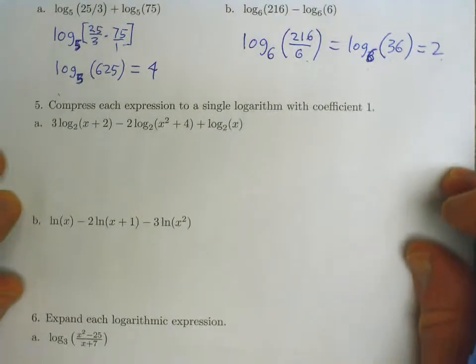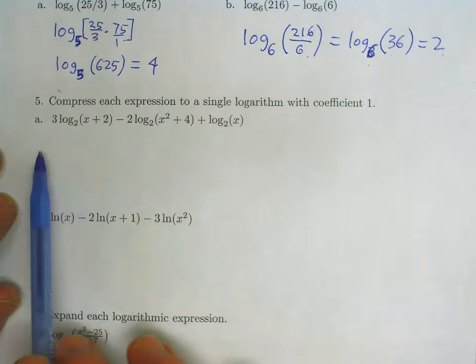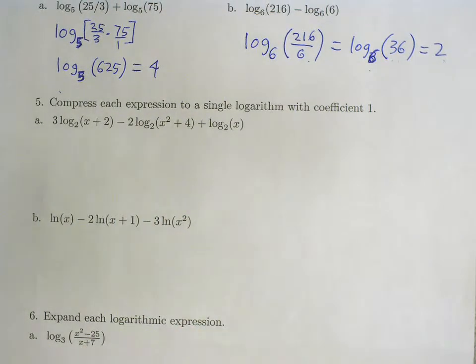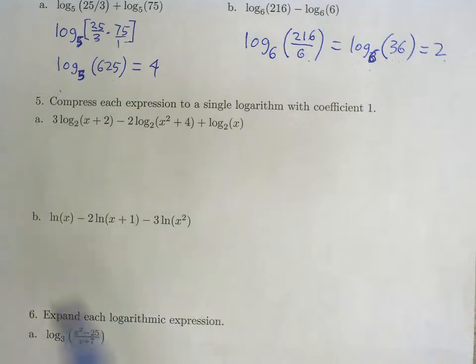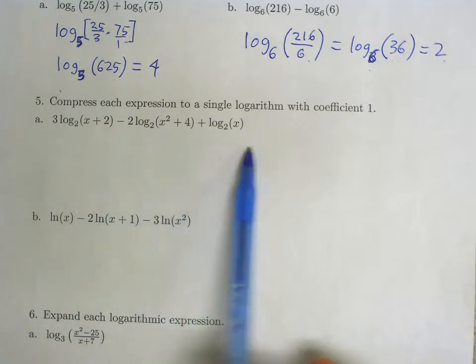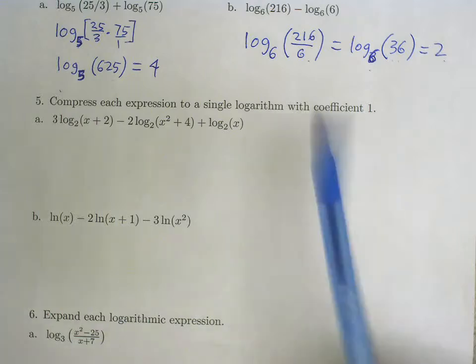Okay, in the next example, for now we'll just do part A. And then if there's time, we'll come back and do the part B. But this says compress each expression to a single logarithm with coefficient 1.